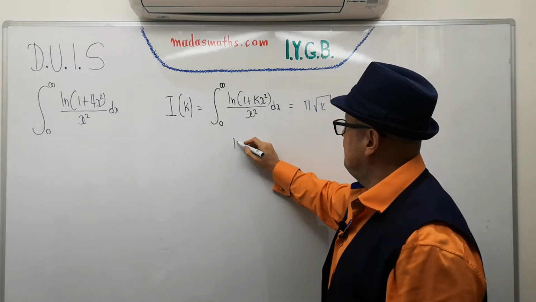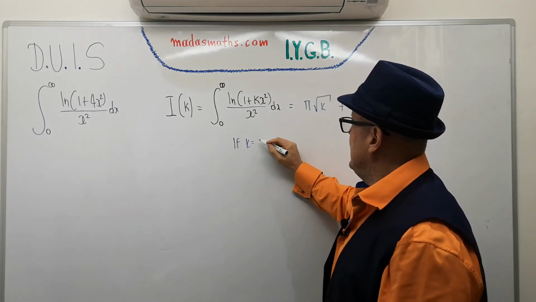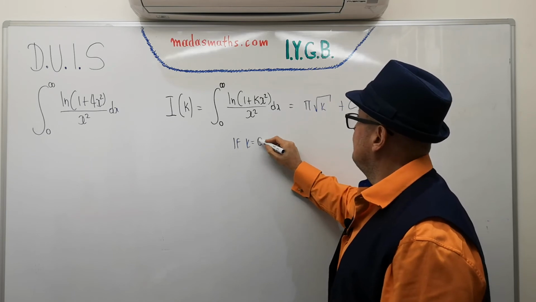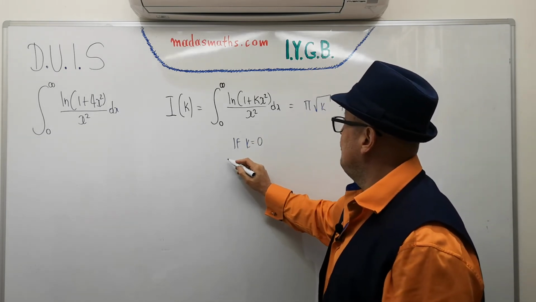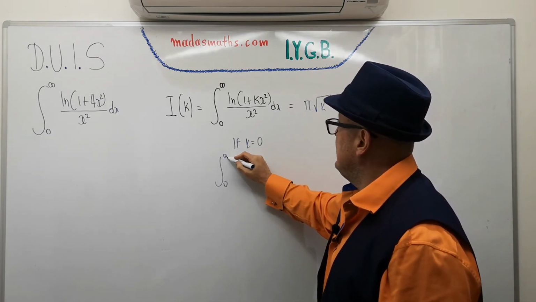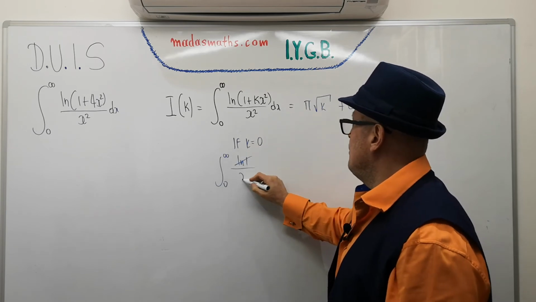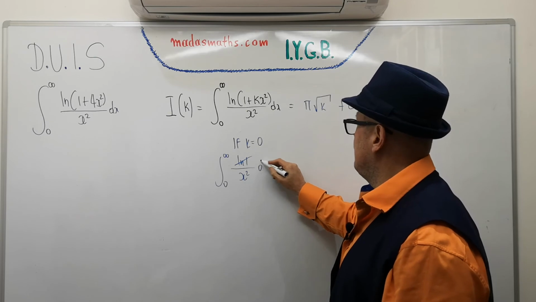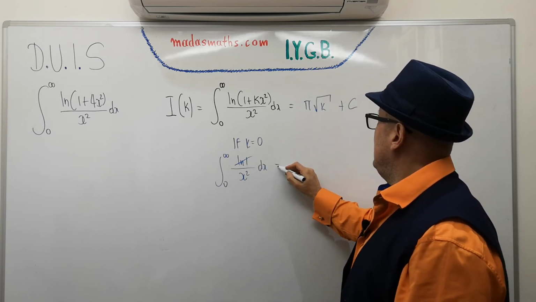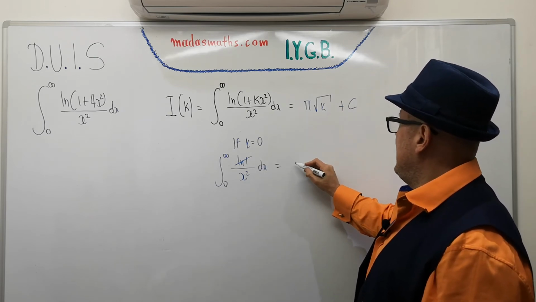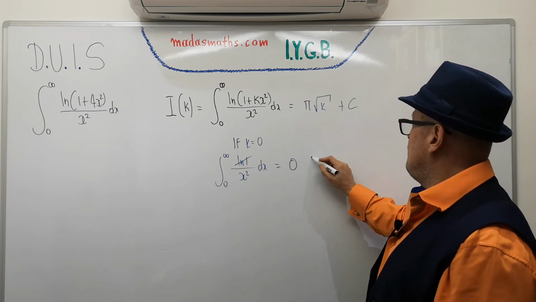So if k is equal to 0, this will become now the integral from 0 to infinity of log of 1, which of course is going to be 0, and the whole integral will be 0 irrespective of what else is happening in there. We're putting there k is equal to 0, so of course that becomes 0 plus c.